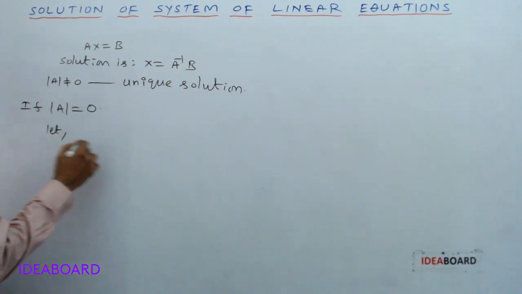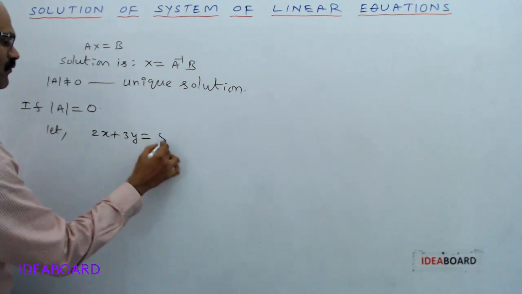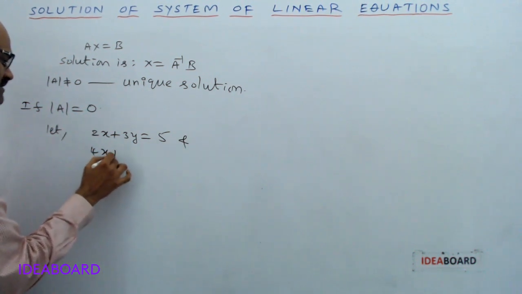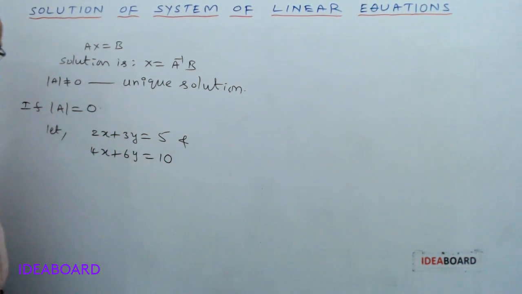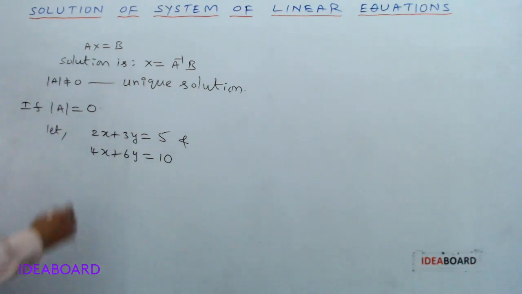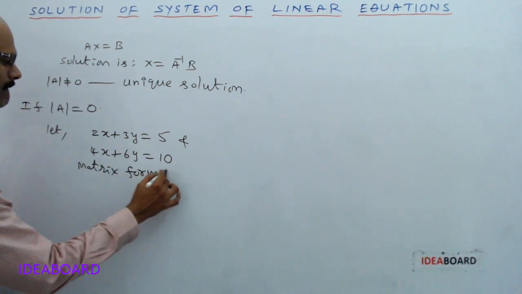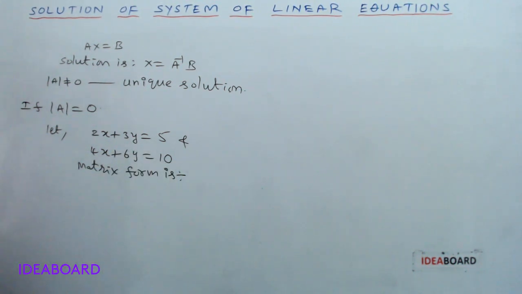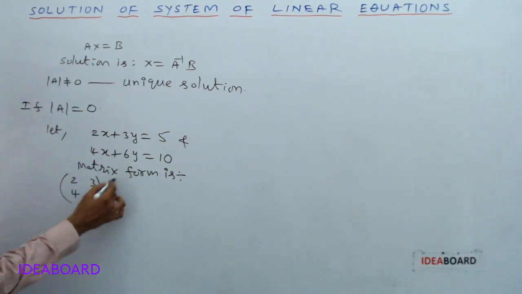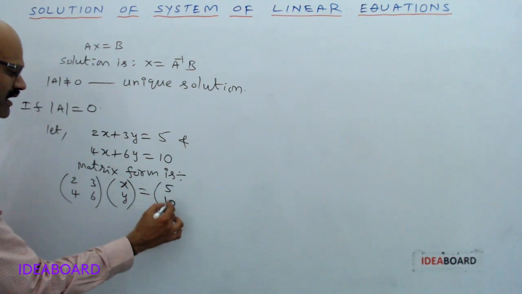Let 2x plus 3y equal to 5 and 4x plus 6y equal to 10. The matrix form of these two equations is: coefficient matrix 2, 3, 4, 6, times x, y equal to 5, 10.